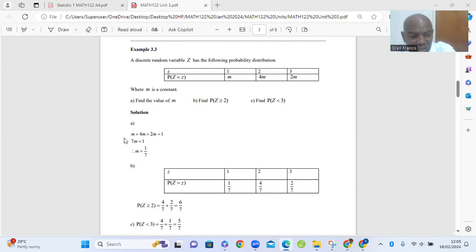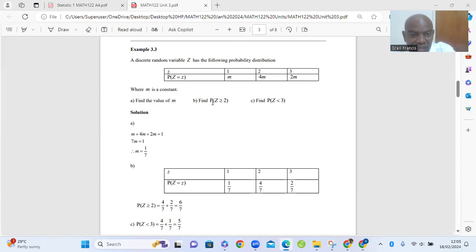So here we have an equation with the M in it, only one equation, one variable, which suffices to solve it. So we can solve for M by adding 1M plus 4M, that's 5M plus 2M, that's 7M is equal to 1. So therefore, M must be equal to 1 over 7. So M is 1 over 7, 4M is 4 over 7, that's 4 times 1 over 7. And 2M is 2 times 1 over 7, which is 2 over 7.